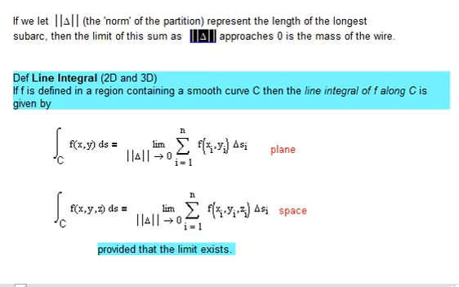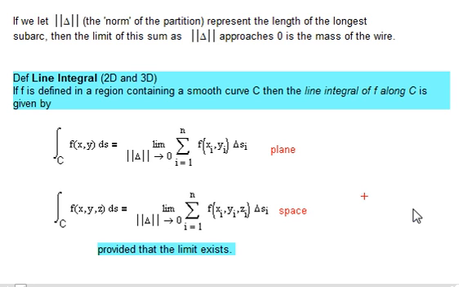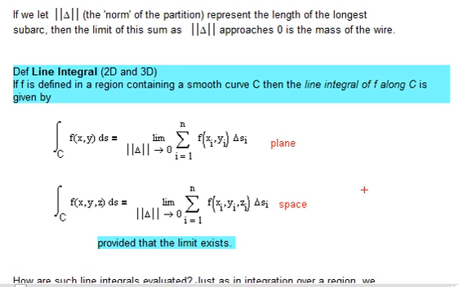And in three-dimensional space, the line integral over a space curve of f of x, y, z ds is the limit as delta goes to 0, i going from 1 to n, of the value of the function at a point in that curve times delta s_i, that's it, in space, provided that that limit exists.